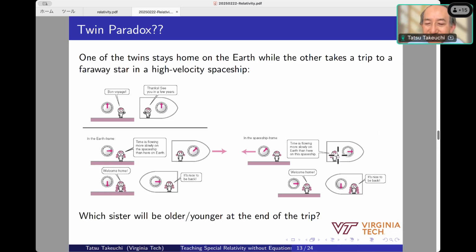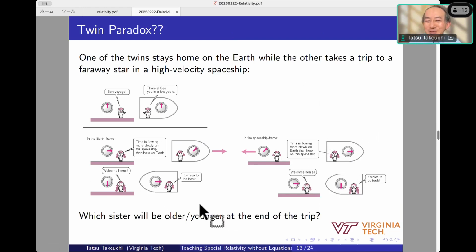But from the spaceship point of view, it's the Earth that's moving. And because of the symmetry of time dilation, this spaceship observer will observe time on Earth to be passing at a slower rate. So at the end of the trip, naturally, the spaceship observer will predict that the sibling on the Earth will be the younger of the two.